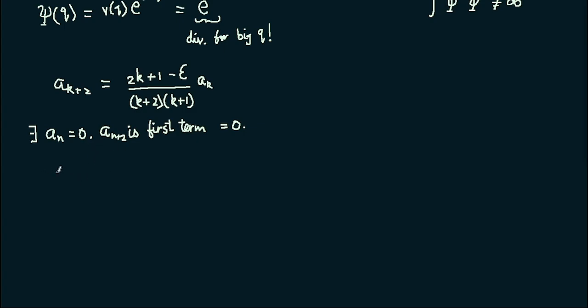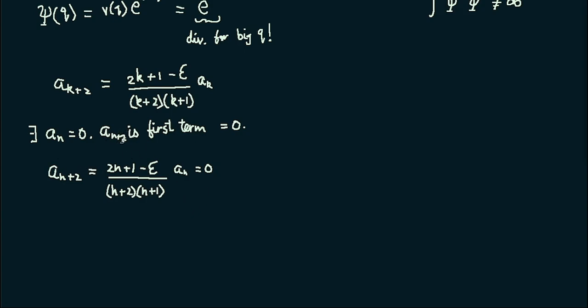Then we get that a_{n+2} is equal to, writing it out using this recurrence relation, (2n + 1 - epsilon) over (n + 2)(n + 1) times a_n, is equal to 0.